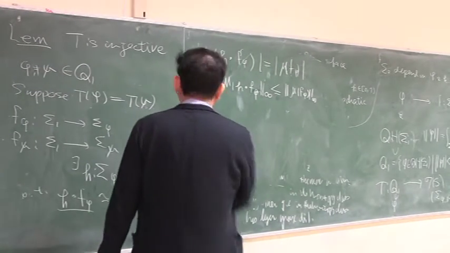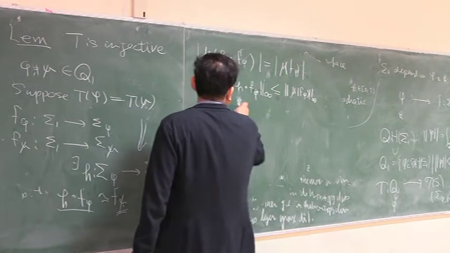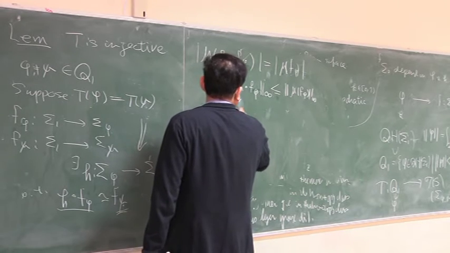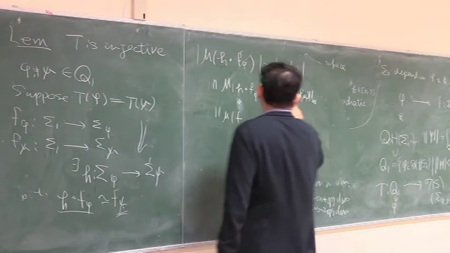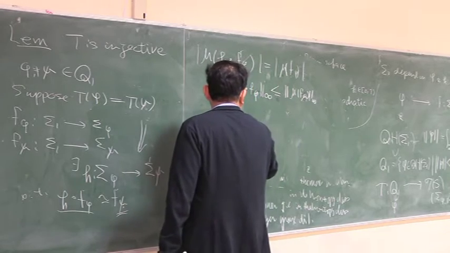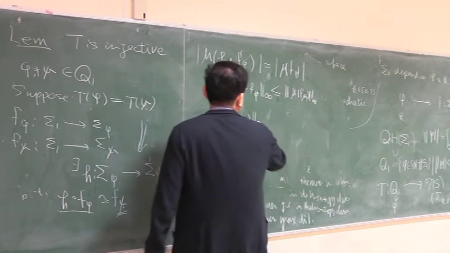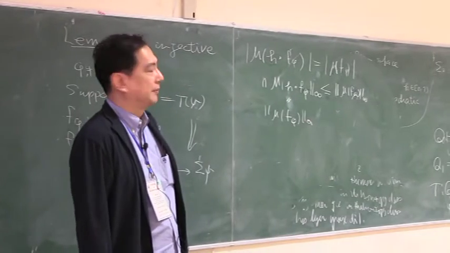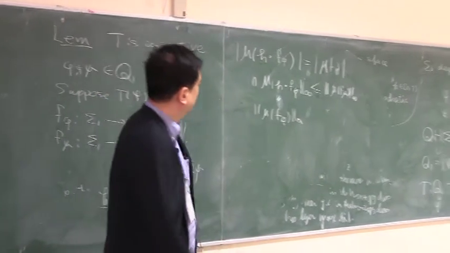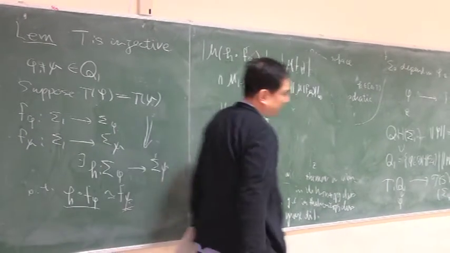Right? But because this one is equal to that one, sorry, this is psi. So this means this one has norm less than or equal to that one. This should be norm.